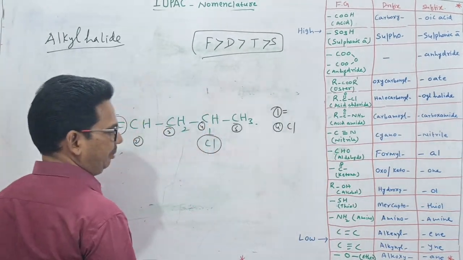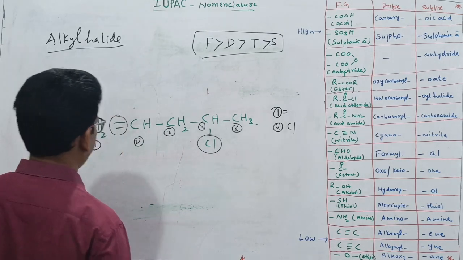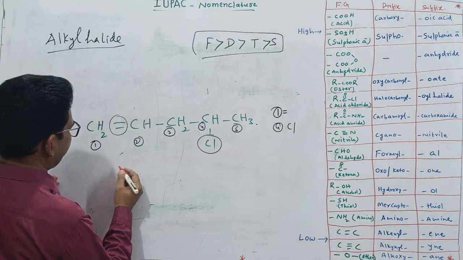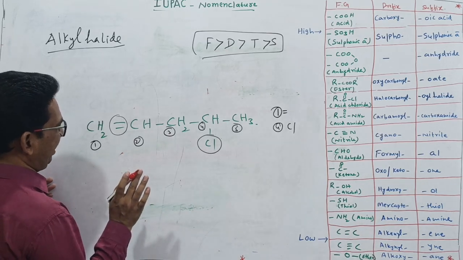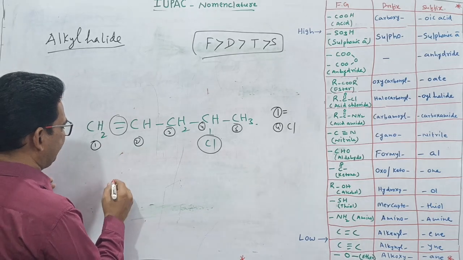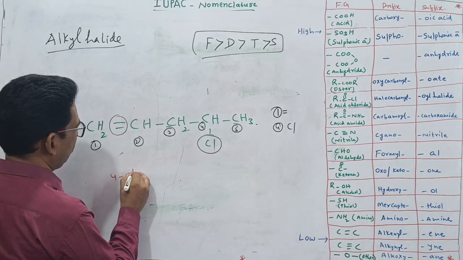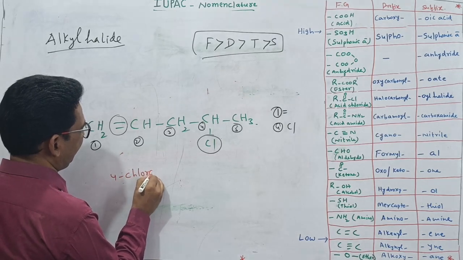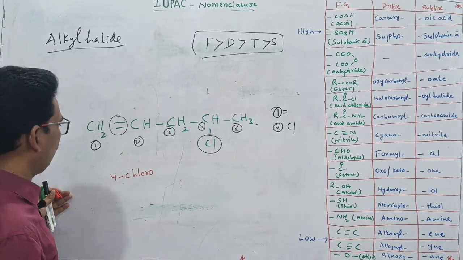No. It means we write it as a substituent, which has low priority. Now in this case it is pentane, five carbons. But which position has what? Fourth position has chloro. That's why I will write 4-chloro.